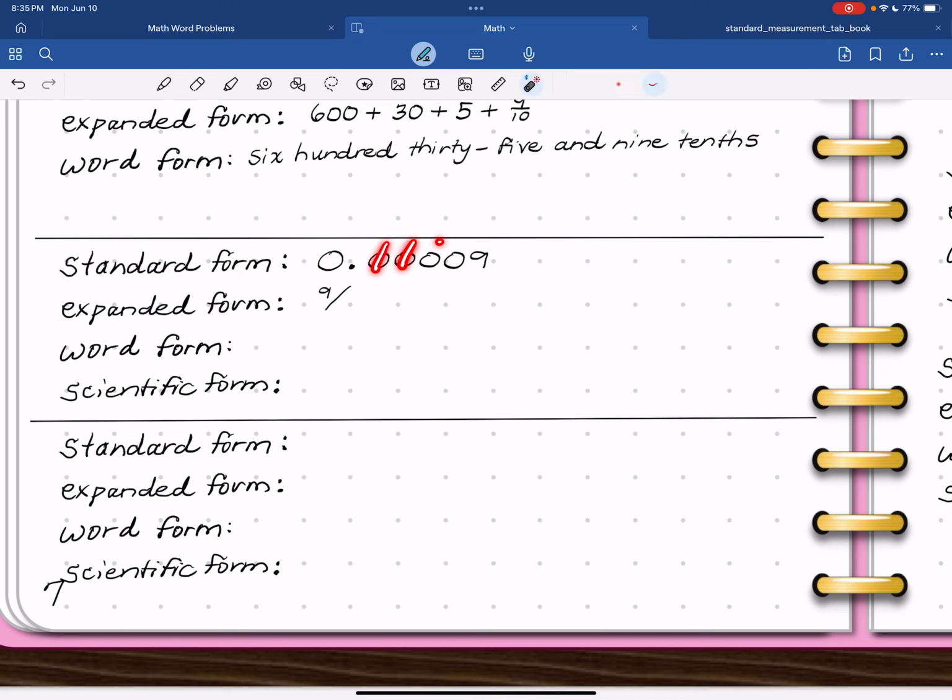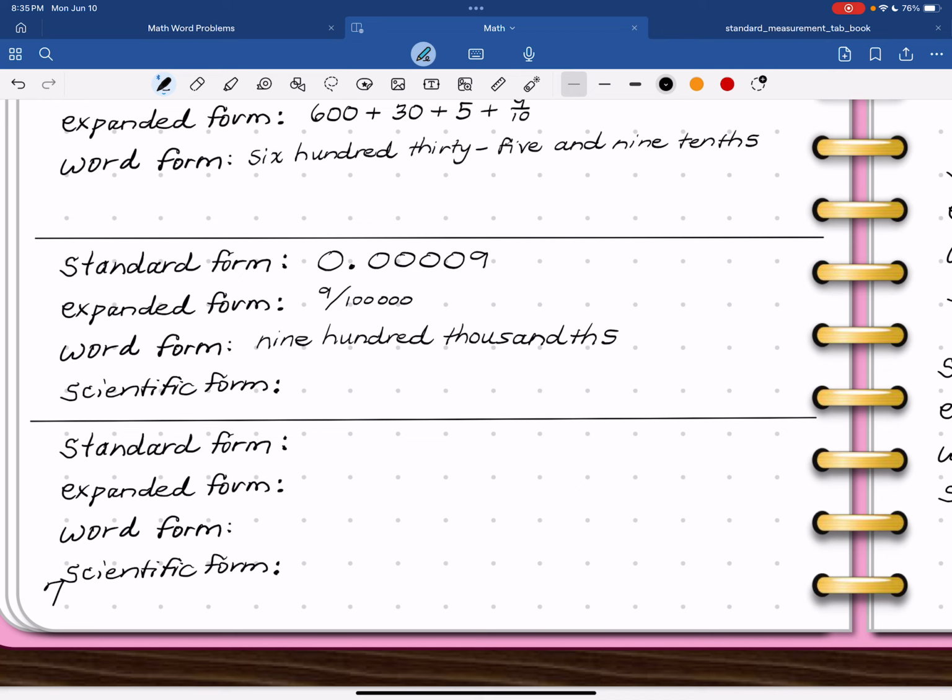Tenths, hundredths, thousandths, 10,000ths, 100,000th. So 9/100,000ths. There are never commas after a decimal, so we won't use that in our word form either. But make sure you're doing the TH for your fraction.